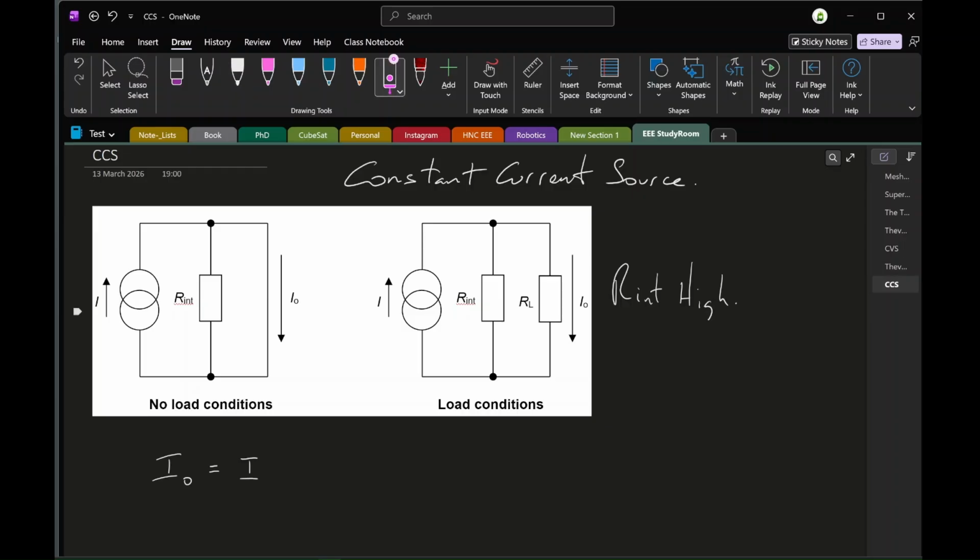Taking a look at the condition for the load, where the load, RL, takes part of the current through the circuit, our condition would then be I naught is equal to I minus I Rint. You might recognise this as having a relationship to Kirchhoff's laws.